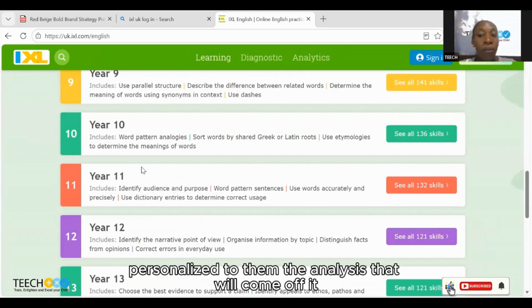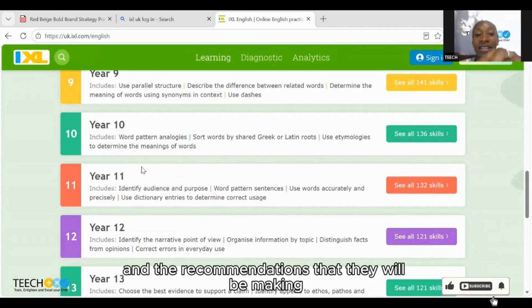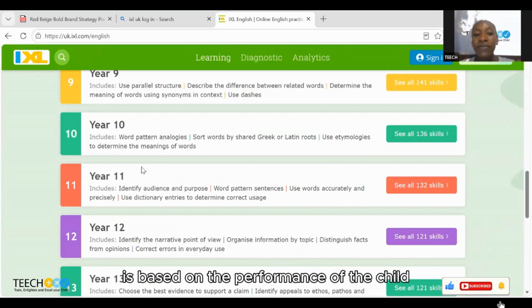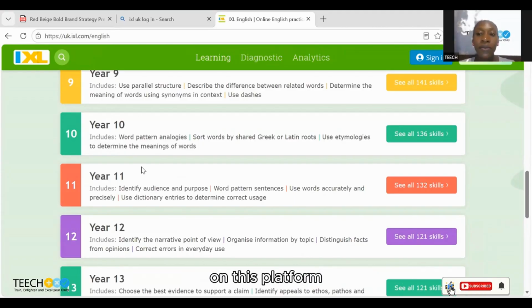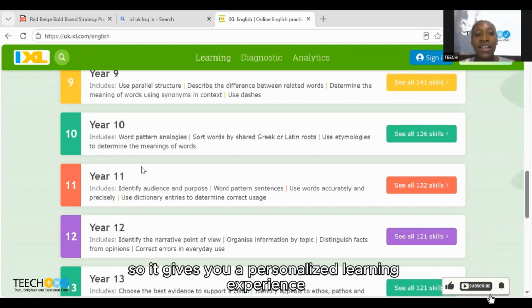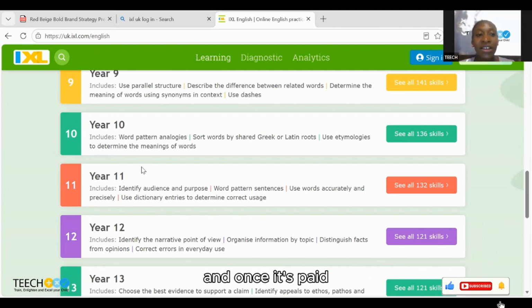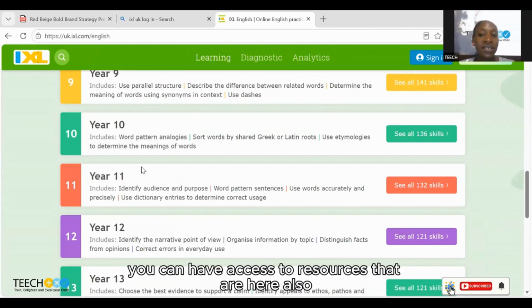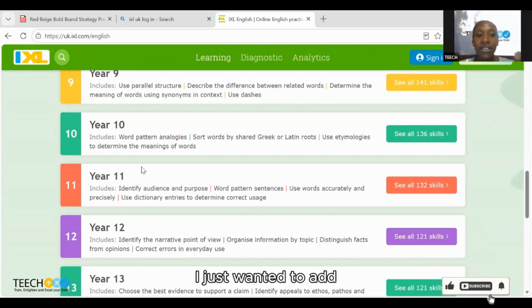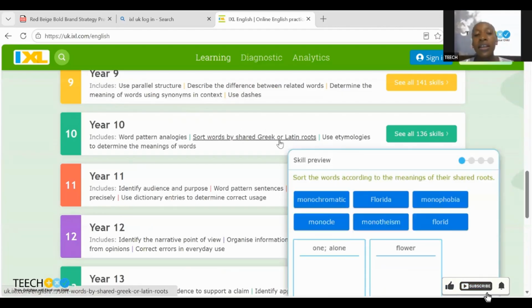The analysis that will come off it and the recommendations that they will be making is based on the performance of the child on this platform. So it gives you a personalized learning experience. And once it's paid, you can have access to resources that are here also. I just wanted to add. For each and every child you're taking, they have a diagnostic part here.